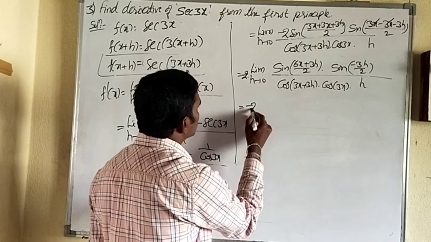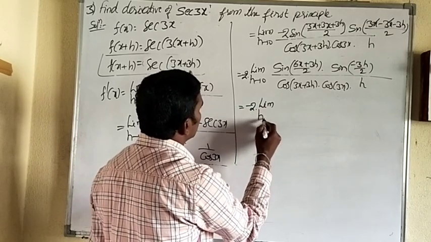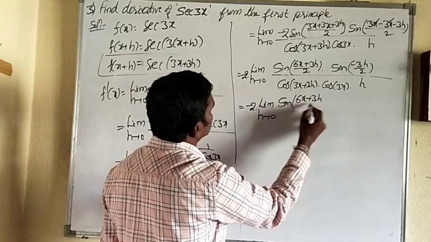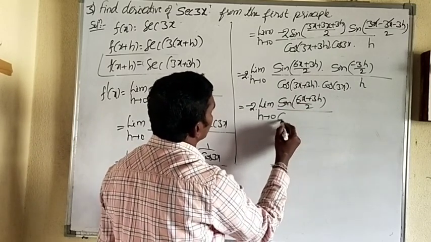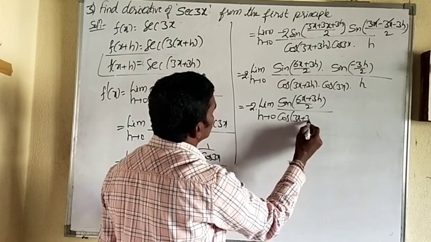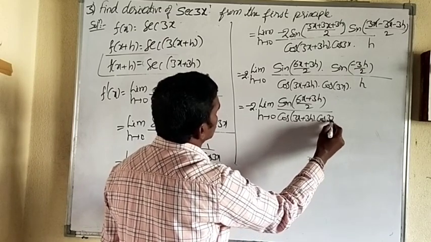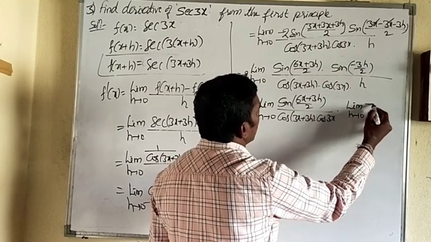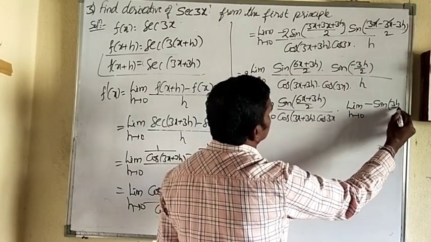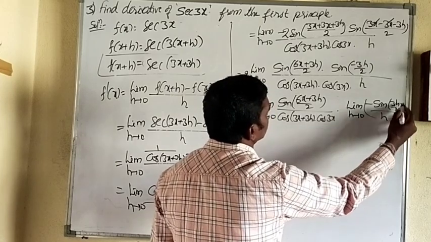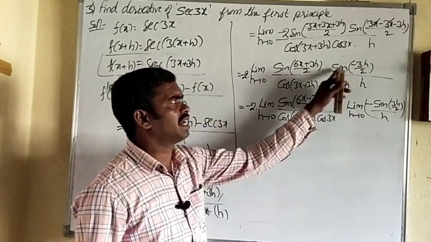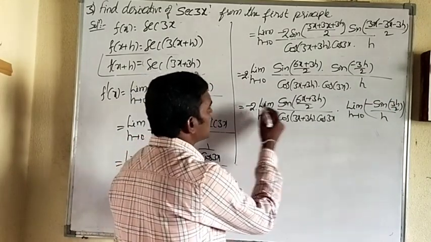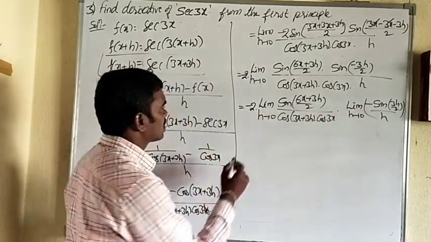So minus 2 into limit h tends to 0 of sin of 6x plus 3h by 2 by cos of 3x plus 3h into cos 3x, into limit h tends to 0 of minus sin of 3h by 2 by h. Why did you write this? Because sin of minus theta is minus sin theta. Now minus into minus is plus, is it clear?